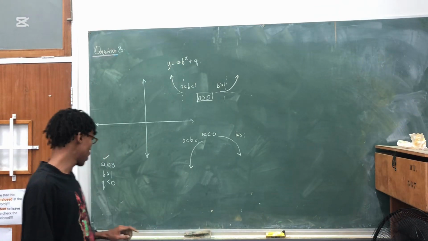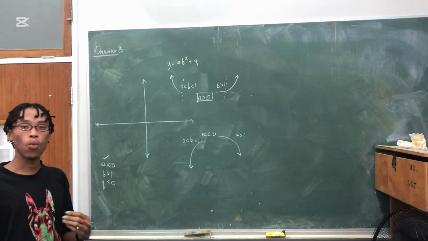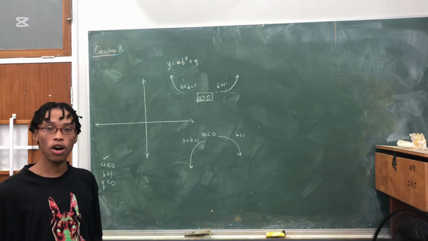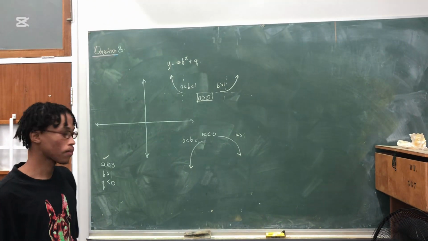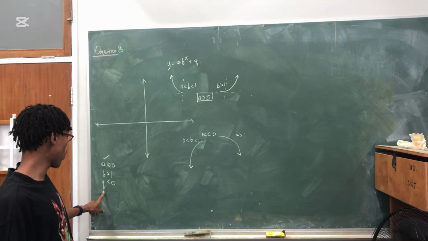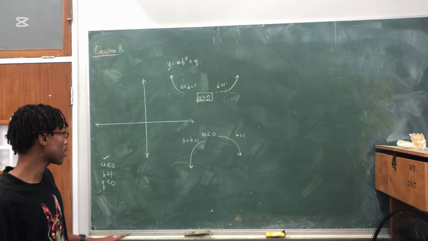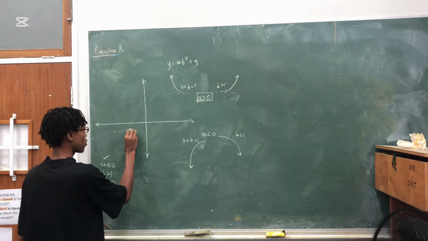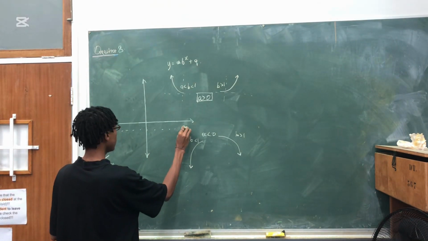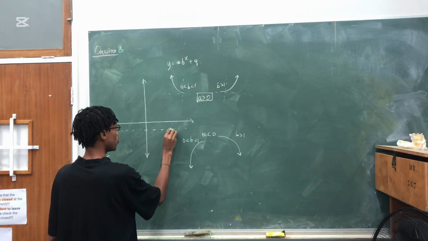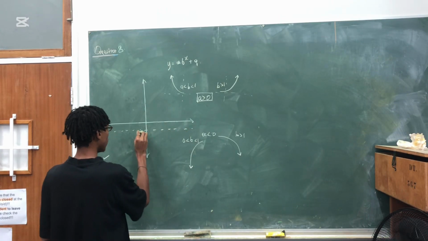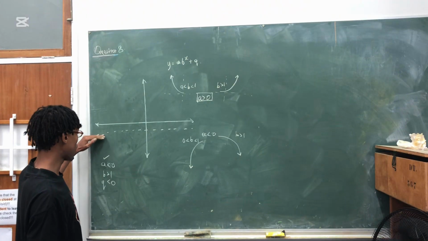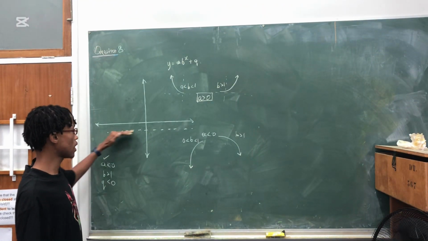And then Q is the y coordinate of our asymptote. So we are told that our y asymptote is going to be negative. Any value, we don't know, just take any random value, our Q, our y asymptote is negative.